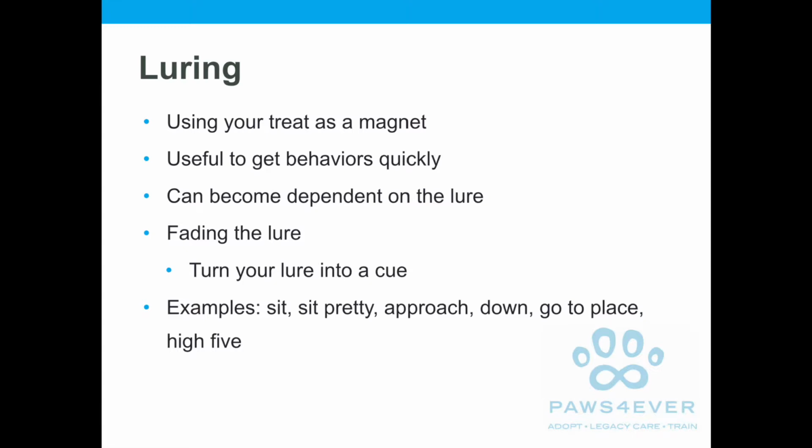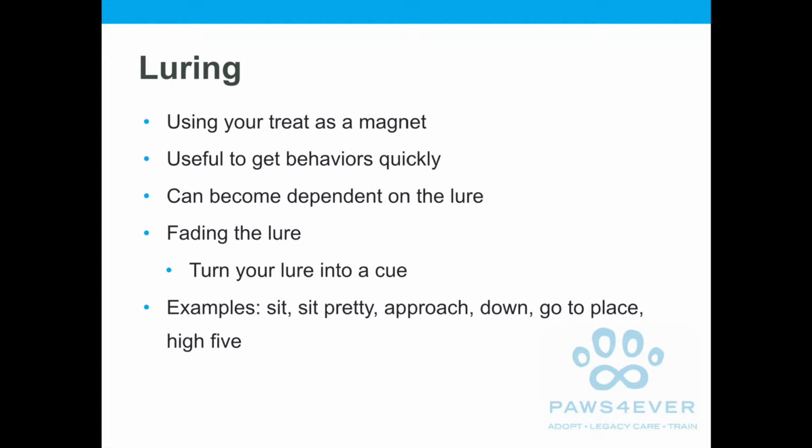If you want to use a different cue, like a verbal one, the way to fade the lure is to use your goal cue first before the lure, repeat a number of times, and then try removing the lure in the middle. For instance, you might say down, pause a brief moment, then lower your treat to get the down, then reward when the cat has laid all the way down.